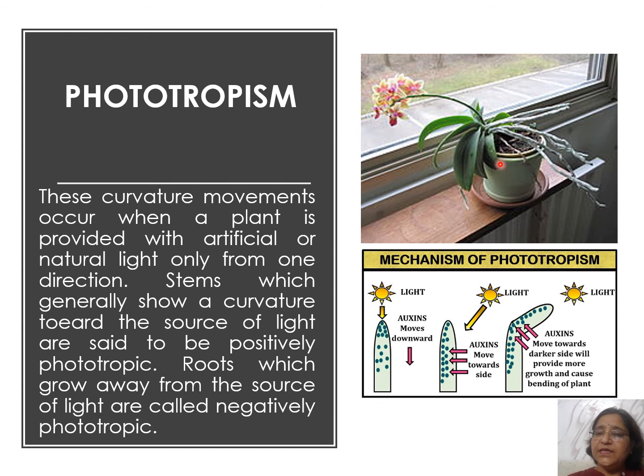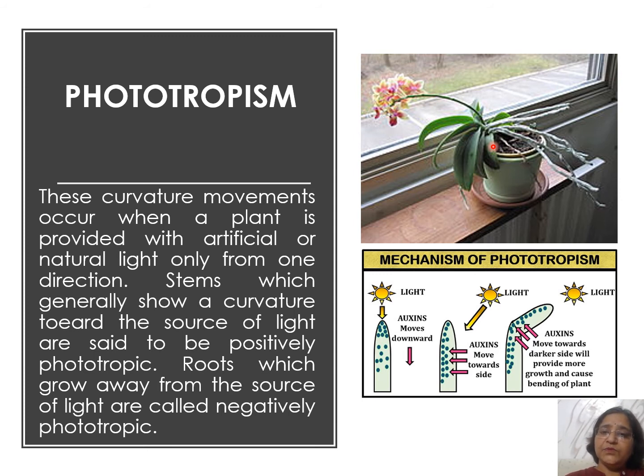In roots it is the root tips, and it was found that it is mainly the root cap which takes the stimulus of light. Which light is more effective? It is found that it is the blue light, but the stimulus may also be because of UV radiations.